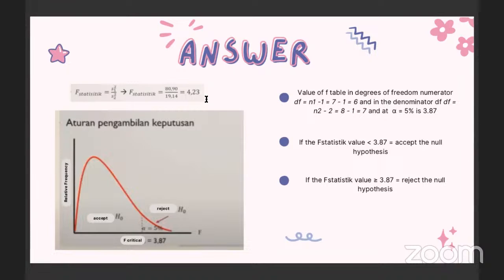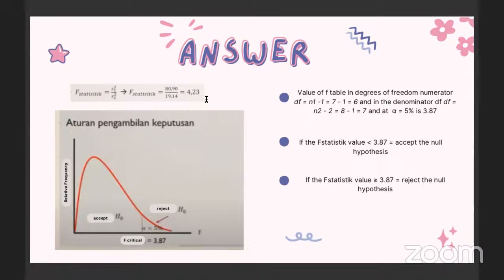So the value of the F table: the degrees of freedom in the numerator, df equals n1 minus 1, equals 7 minus 1, equals 6. And in the denominator, df equals n2 minus 1, equals 8 minus 1, equals 7.